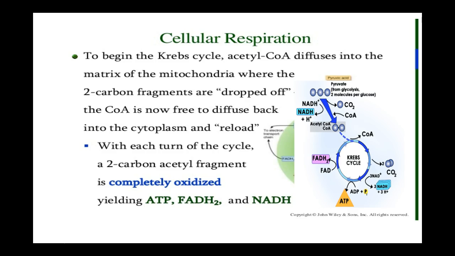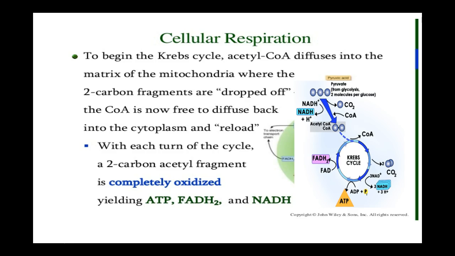So now the acetyl-CoA is going to go into the mitochondria, where the 2-carbon fragment is dropped off, and the CoA is free to diffuse back and pick up another one. So the CoA is just a carrier into the mitochondria.